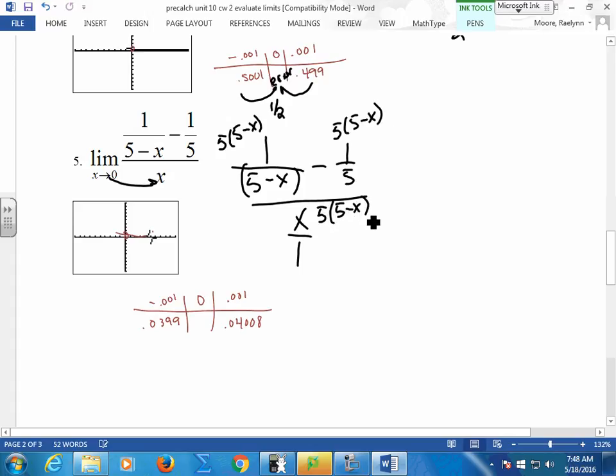Just find out what factors you need. And now cancel these guys out. 5 times 1 gives me 5. 5 comes out. Be careful of this minus sign. Nothing comes out of here. So I get 5x.